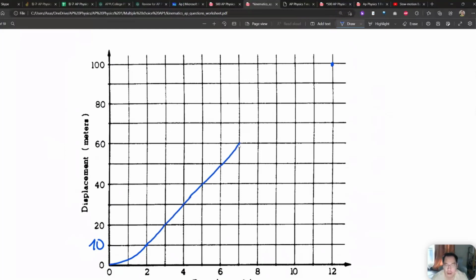There's no tool in this software to draw it. Not a straight line, it must point to here, 100 meters. Let me try using a ruler. It's difficult to draw it directly.